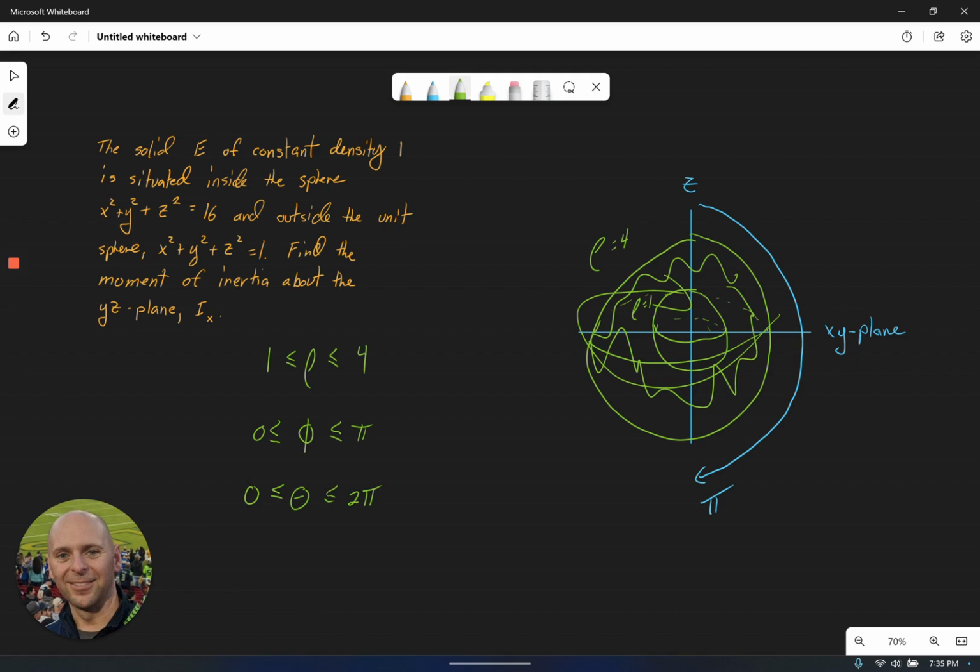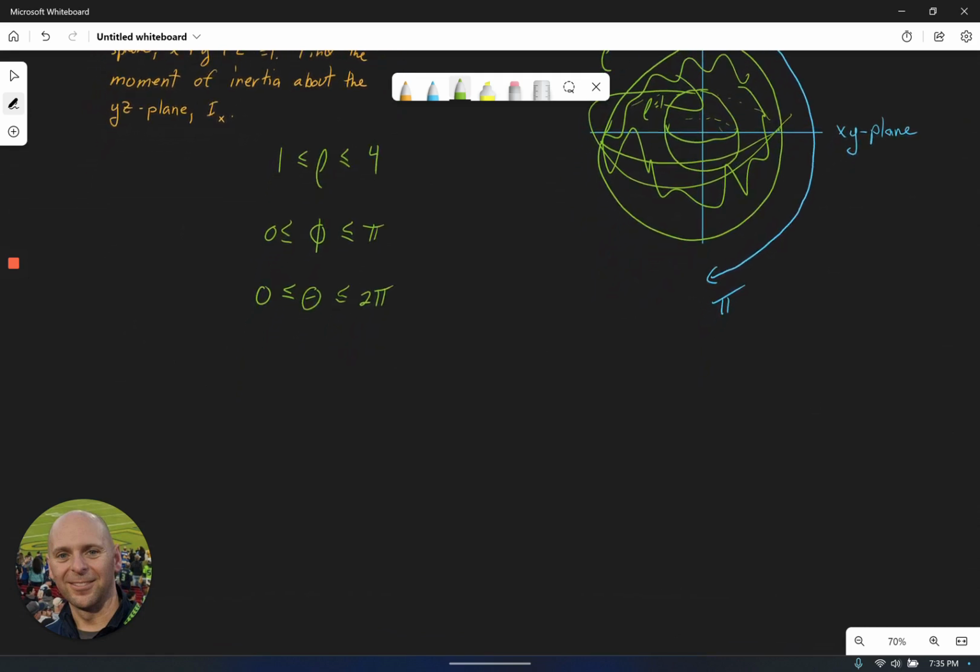And then it's just a matter of applying the formulas. Really, you just have to memorize these formulas. And you set the thing up once you get the region decided. So we'll go ahead and set up our triple integral here. This is the moment about the YZ plane, or I sub x, which means that the calculation here is going to be y squared plus z squared times our density function.